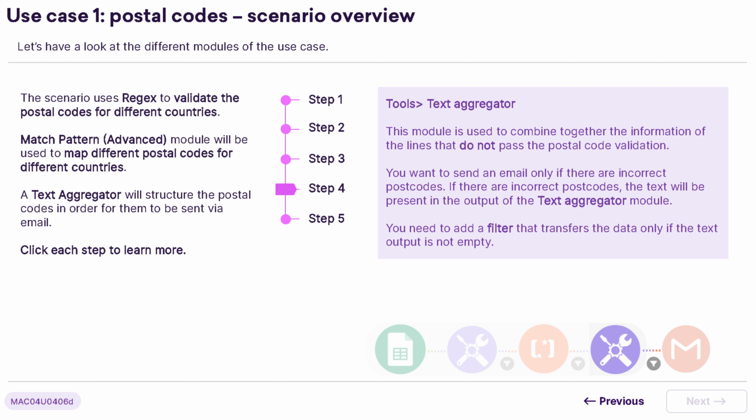By incorporating a filter, we ensure that emails are triggered solely when there are validation failures. This approach not only streamlines communication, but also allows for timely manual intervention when necessary. By integrating these modules, we're able to create a smooth, efficient process that enhances data accuracy and communication effectiveness.